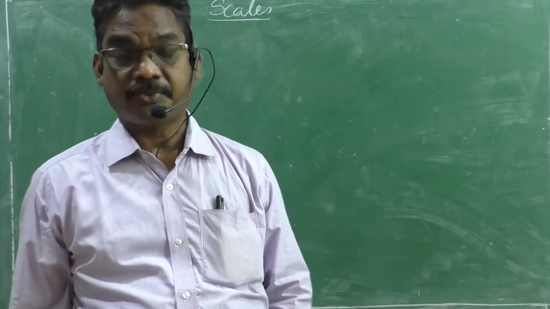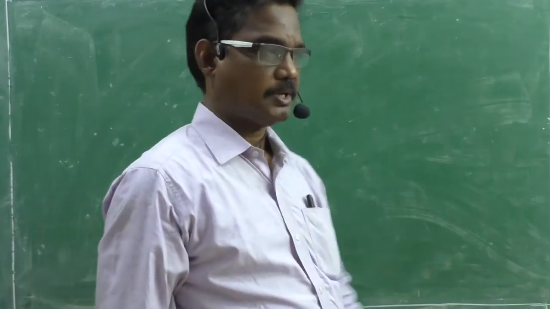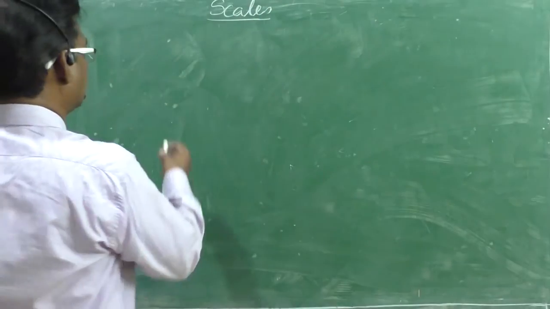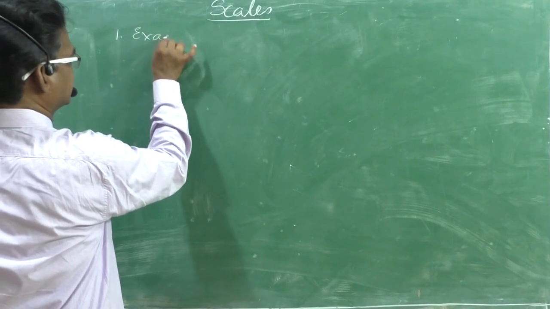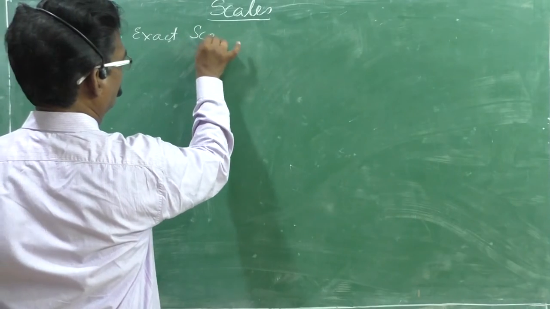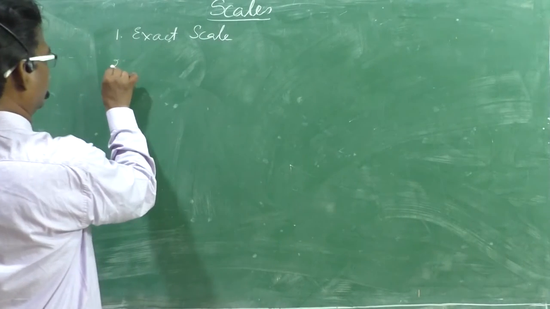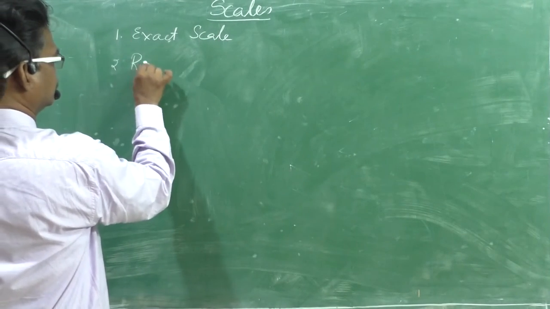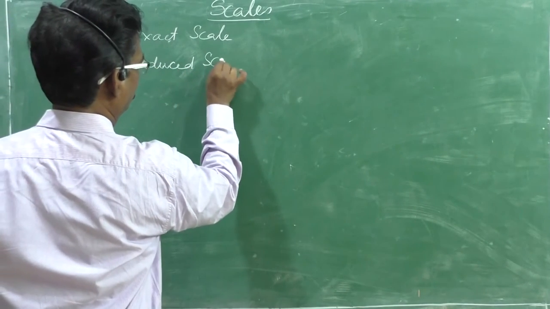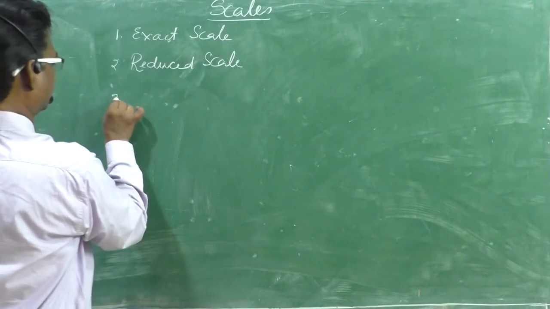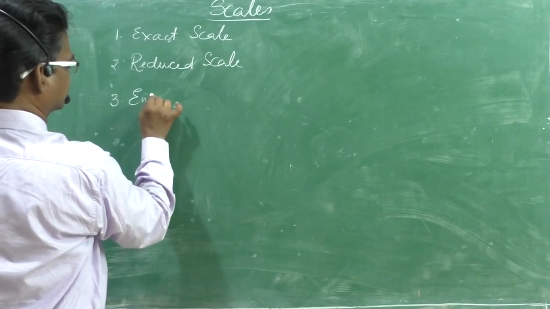Now, I introduced three terms. Let me list these three terms here. One is exact scale. The second one is reduced scale. The third one is enlarged scale.